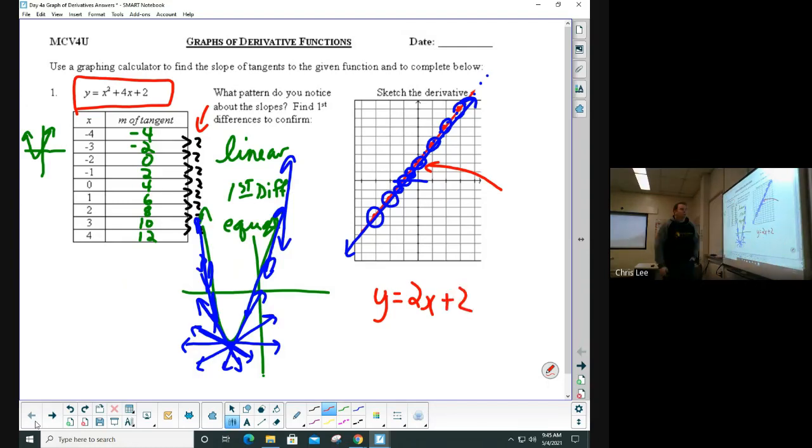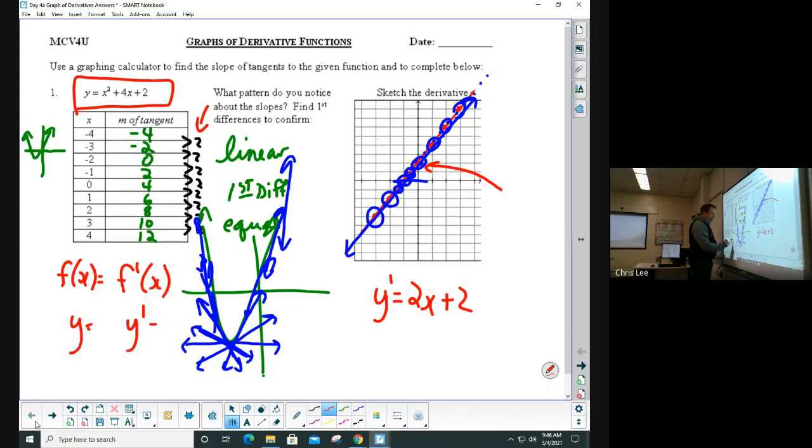And so it's y equals 2x plus 2. I'm going to put y prime. Remember, that's my notation, that little tick. It's either f at x, and the derivative is f prime at x, or it's y equals, and the derivative is y prime, like that. Okay, so we'll get used to this notation. Again, this is a sneak peek to our next unit.